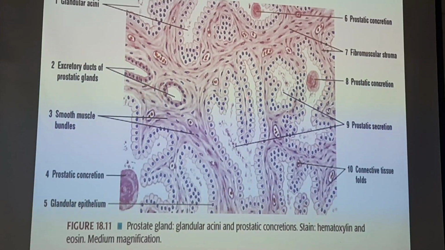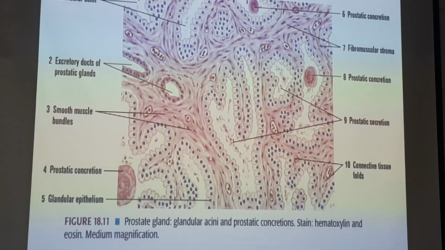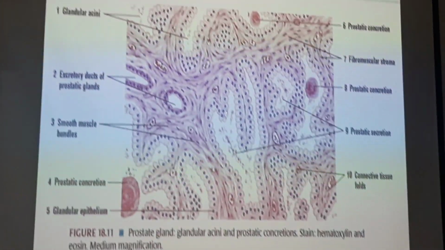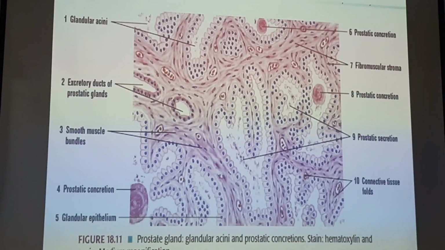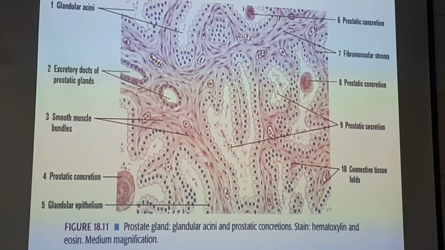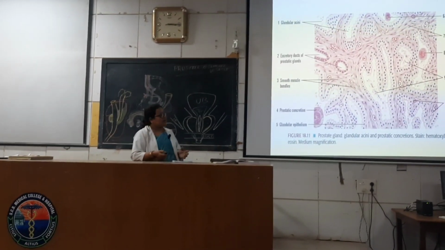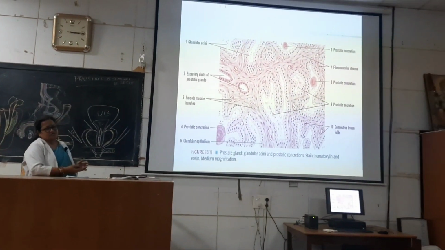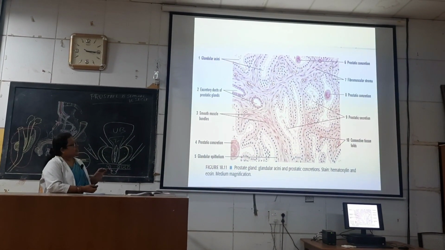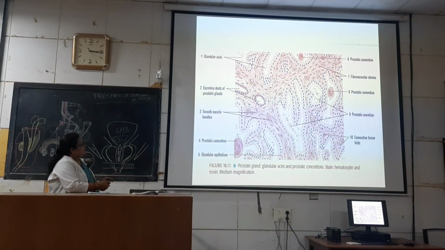These follicle-like structures are lined by glandular epithelium. Here you can see cuboidal to columnar epithelium. So this is the glandular part, which is almost half, and the fibrous stroma and smooth muscle are a fourth each.